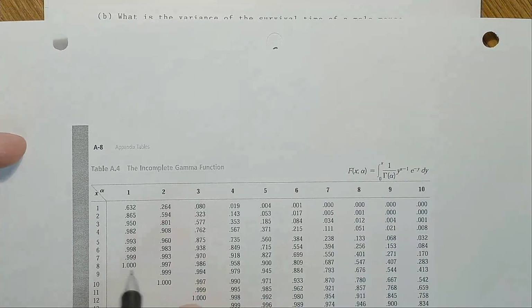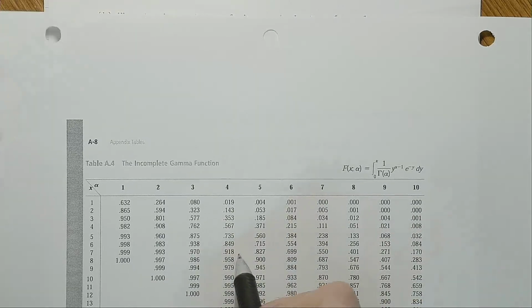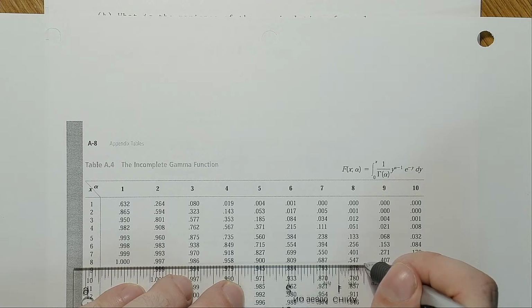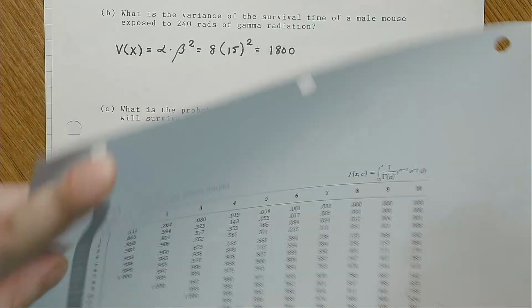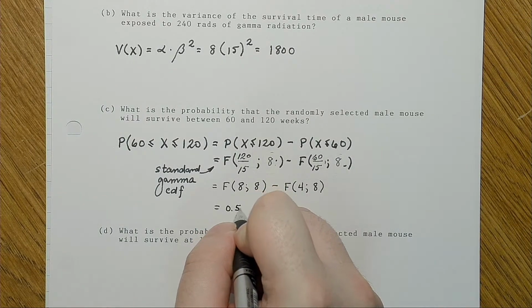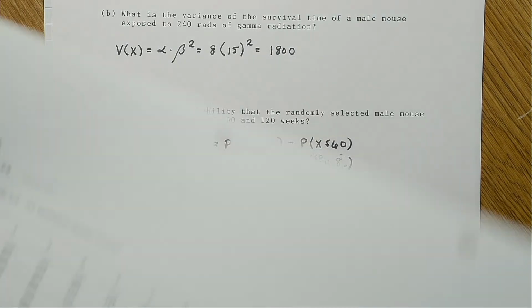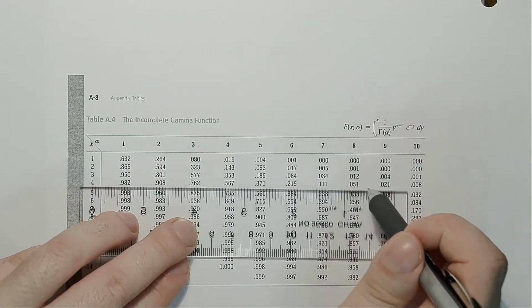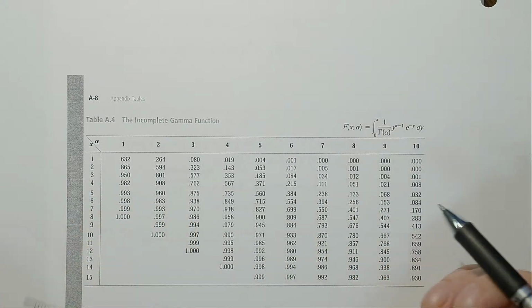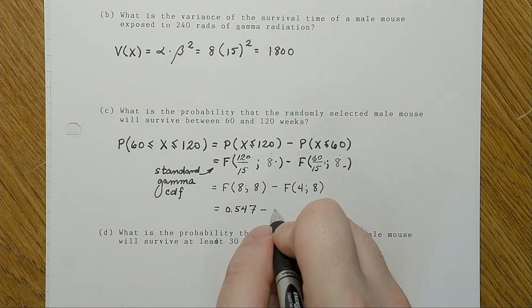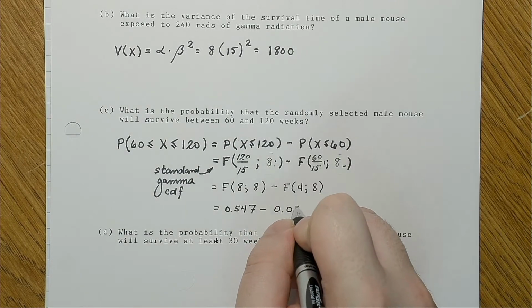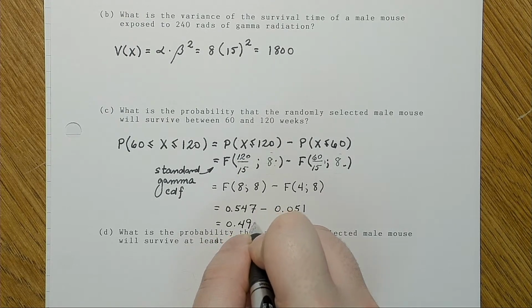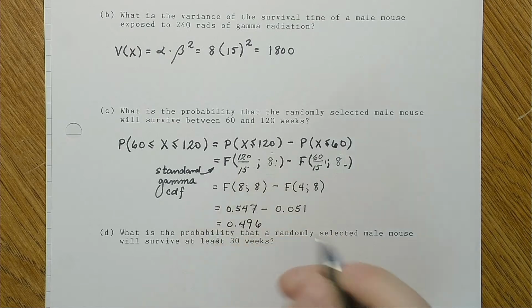I have 8 and 8, so it's 0.547. Minus, and over here I need 4 and not the 8, so it's 0.051. Subtracting that gives me 0.496.